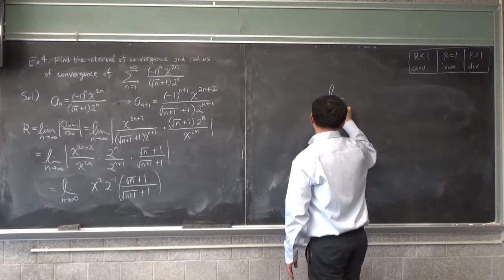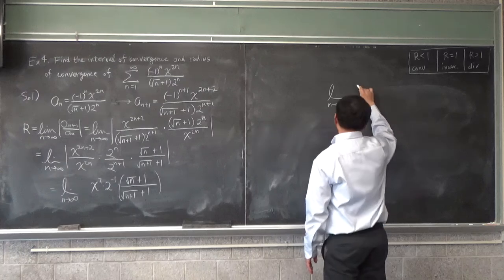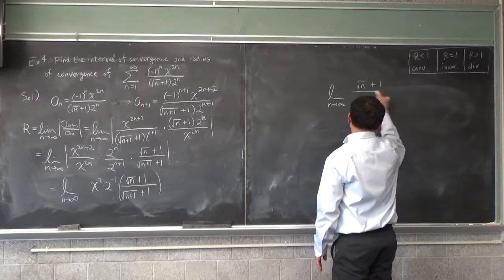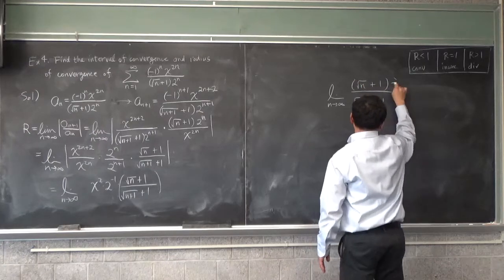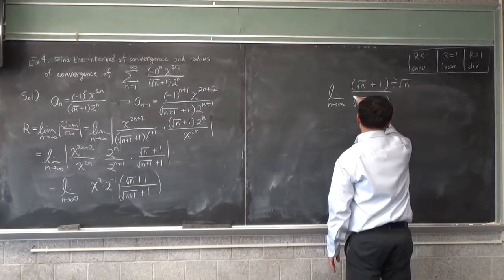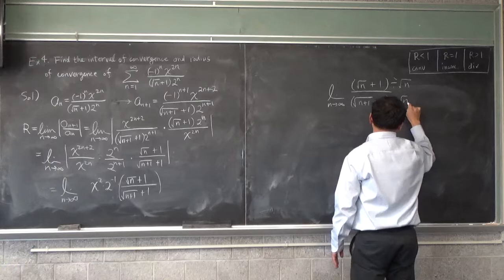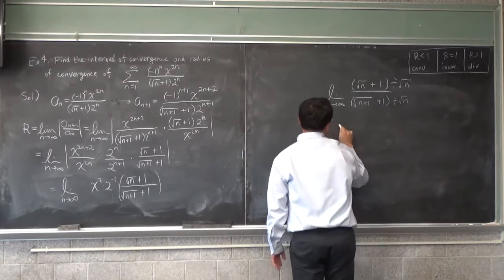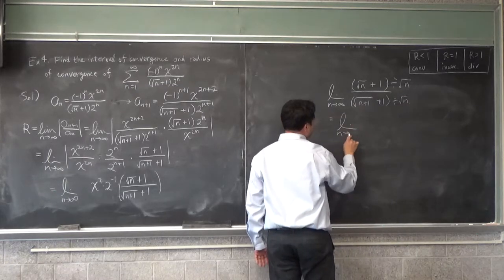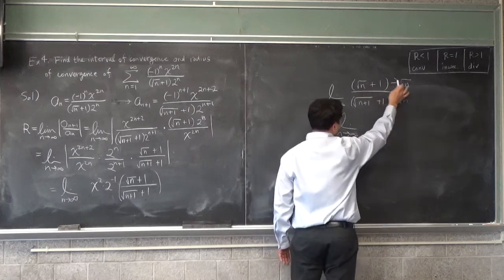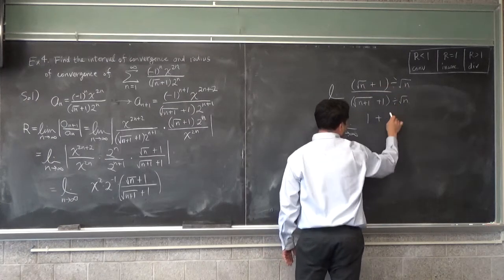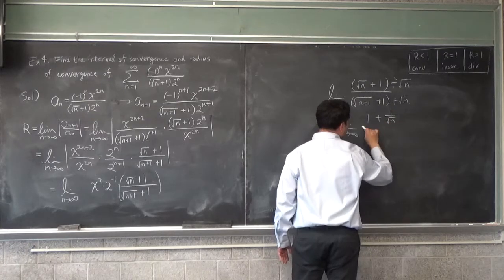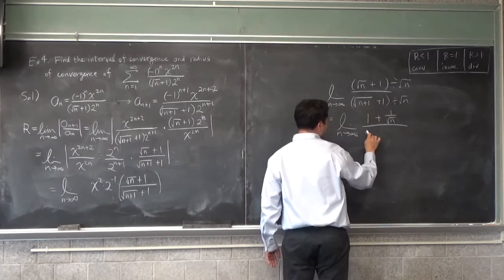Limit. You have square root of n plus 1 over square root of n plus 1 plus 1. You divide top and bottom by square root of n. Well, that would mean that you divide square root of n by square root of n, that's 1. 1 divided by square root of n would be 1 over square root of n. And they're both divided by square root of n.